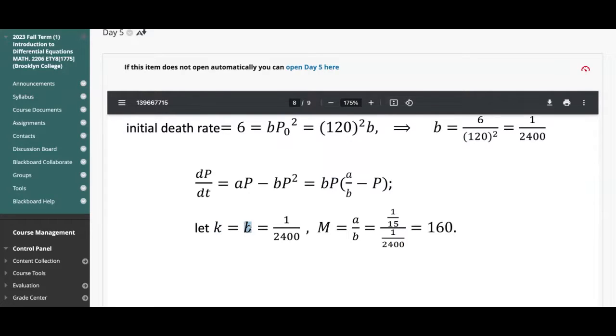So let M be the ratio of A to B, which is 1/15 over 1/2400. Calculate, that's 160.